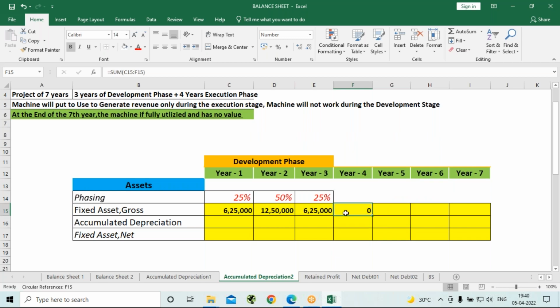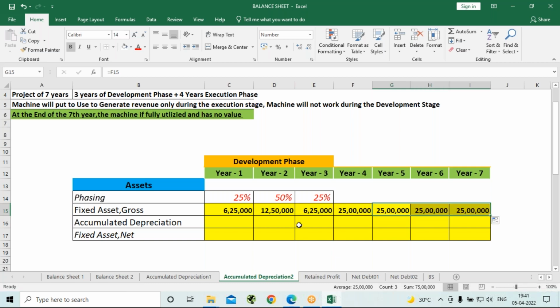Equals plus plus plus. Okay, so 25,000, sorry, 25 lakhs. Now it is going to be the same value for the rest of the 4 years.